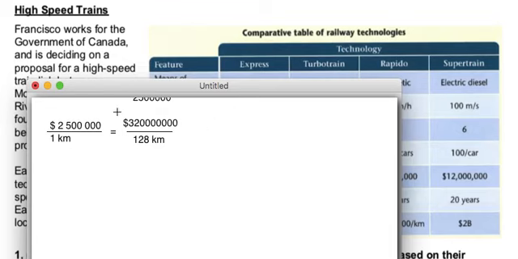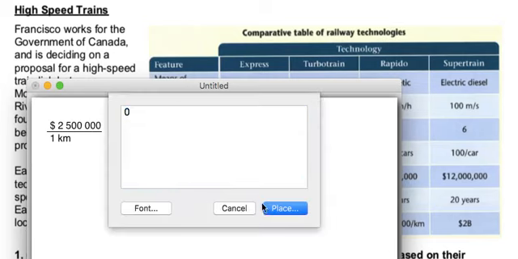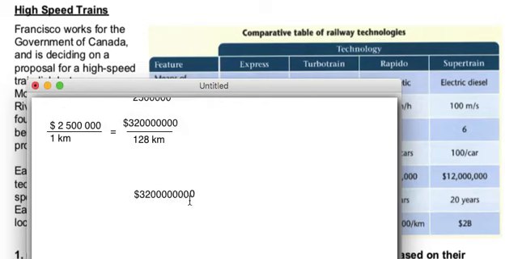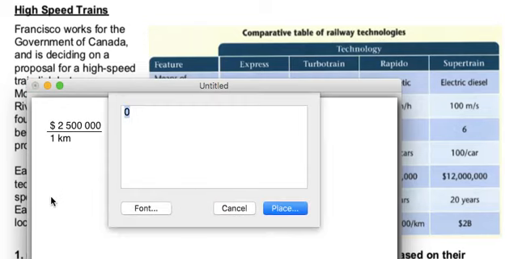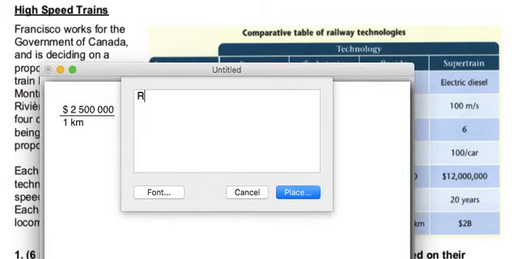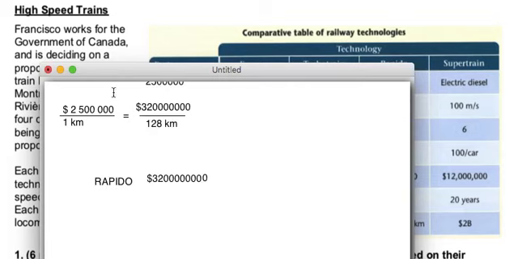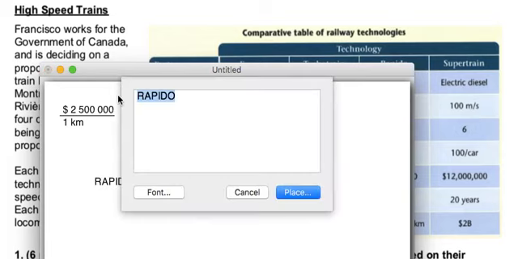So I'm going to be a little bit lazy because I think you understand the explanation here, and the answer is just going to have another 0 on it. And this guy is my Rapido, and up here, I think it was the turbo train.